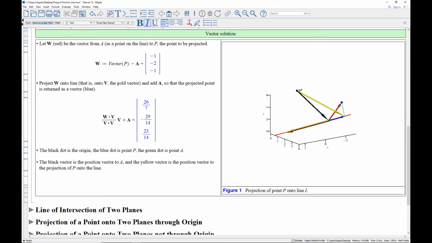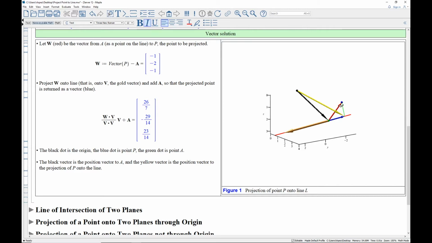This is the origin. This is a position vector to the point on the line that you select, and typically it's taken as the point A. This goal vector is the direction vector of the line, and you connect this point A to the point to be projected.